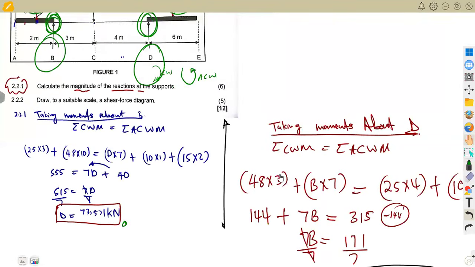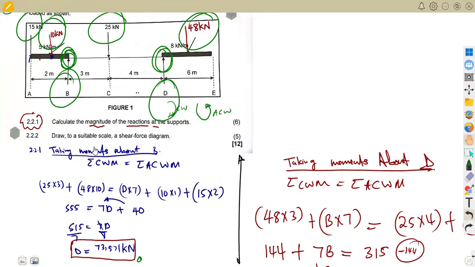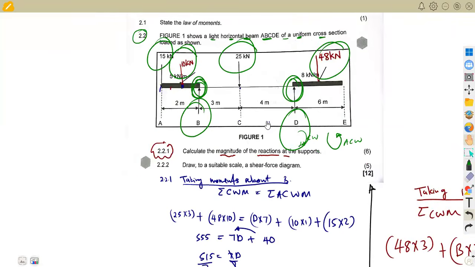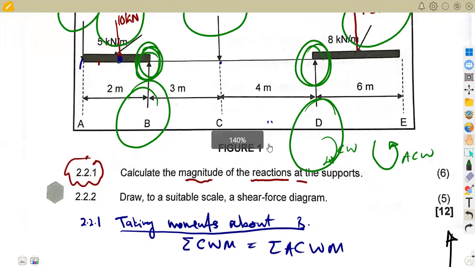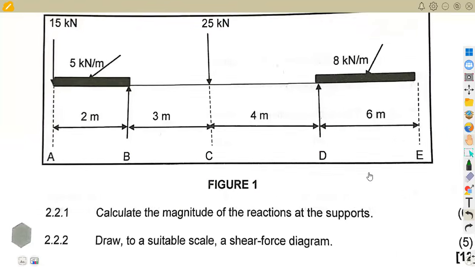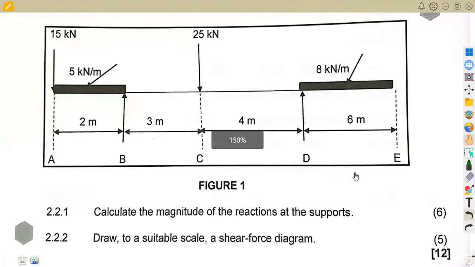Then after that, they want us to draw to a suitable scale the shear force diagram. All right. So I'm just gonna need the values of B and D here. Remember the values of B and D that we calculated. Guys, do not forget your values because I'm gonna remove this. All right, so this is it here.